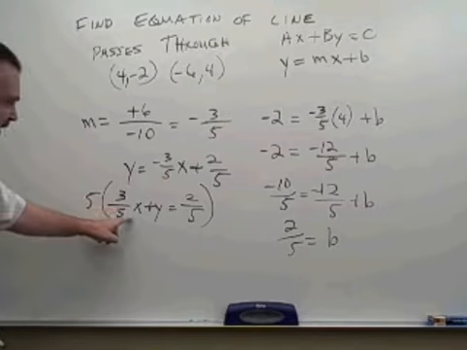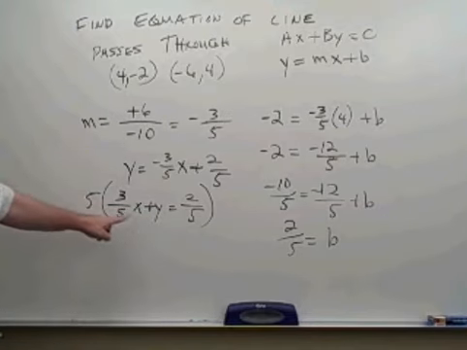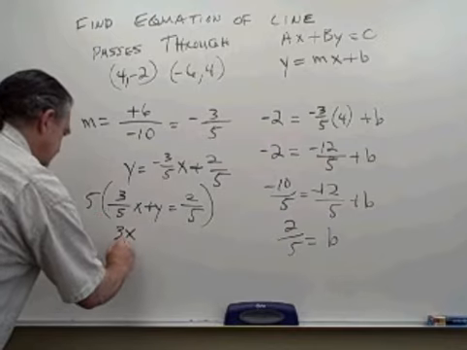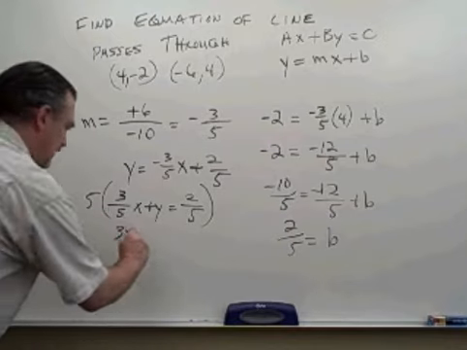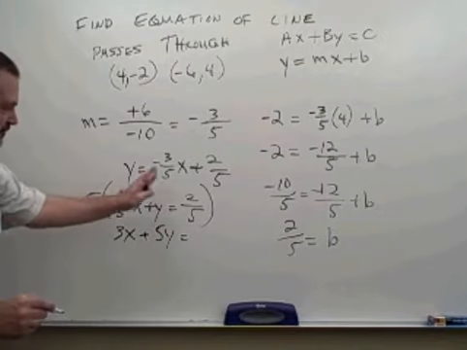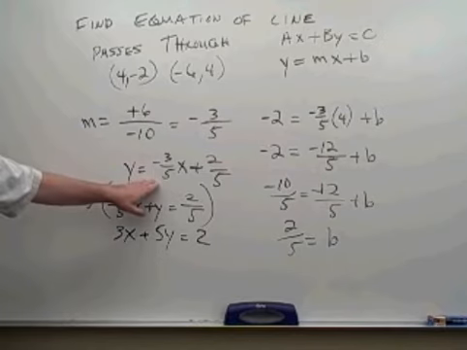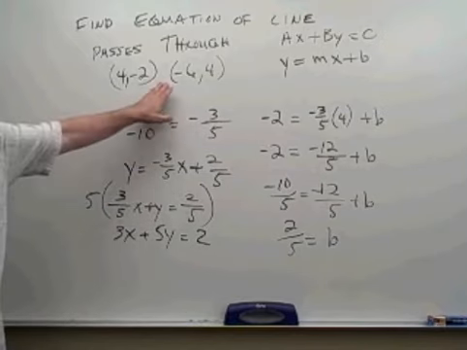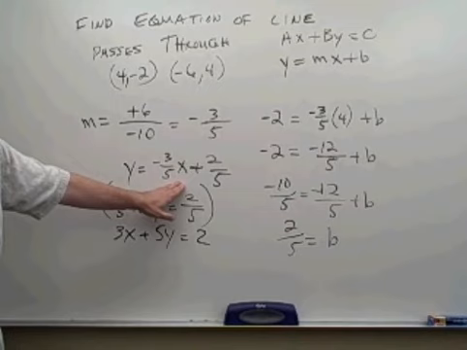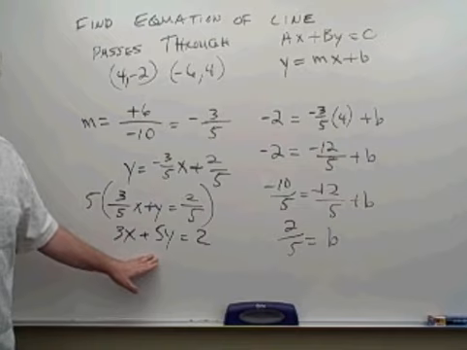And we would multiply each of the terms here by 5. 5 times 3/5 x would give us 3x. The 5's would cancel. Plus 5 times y is 5y equals 5 times 2/5 is 2. So here's the equation of the line that contains these 2 points in slope-intercept form, and here it is in standard form with integer, meaning whole number, coefficients.